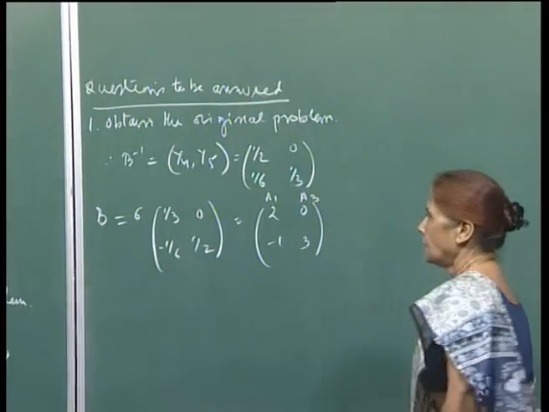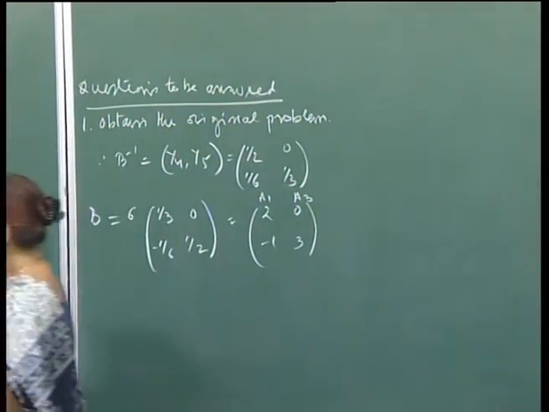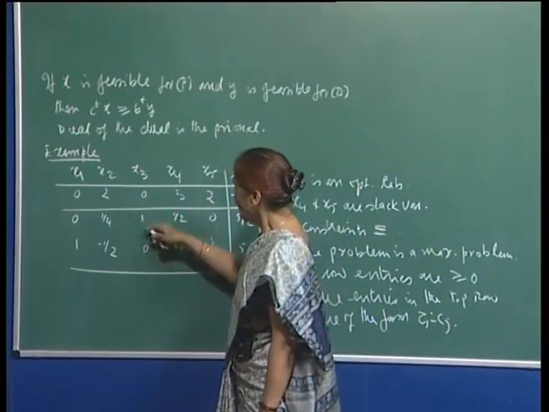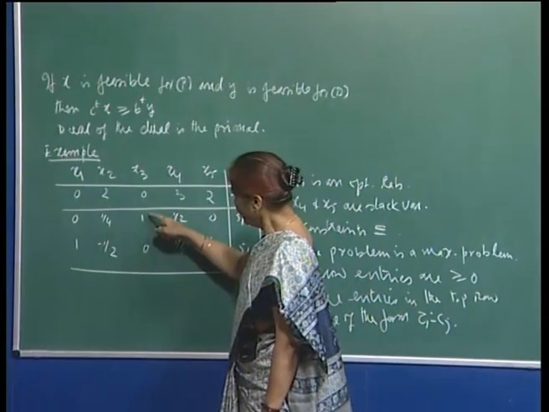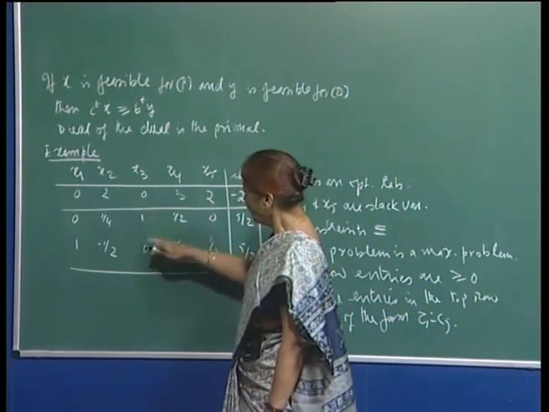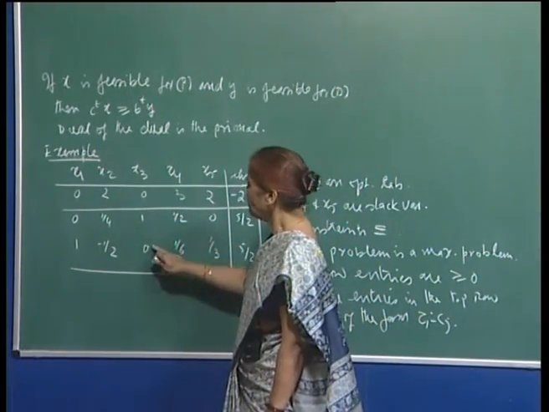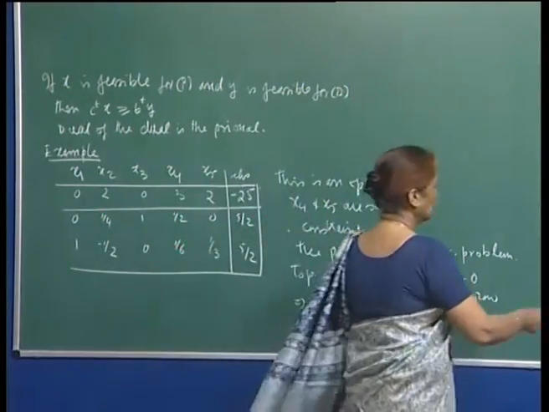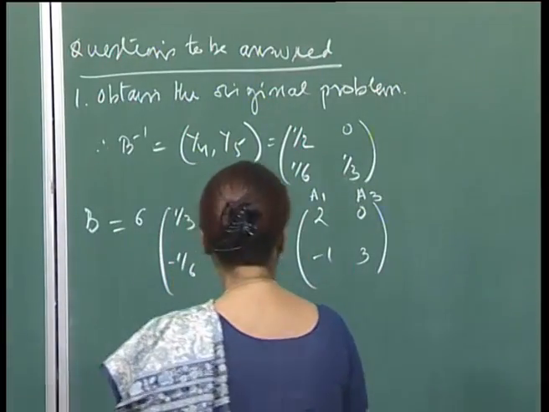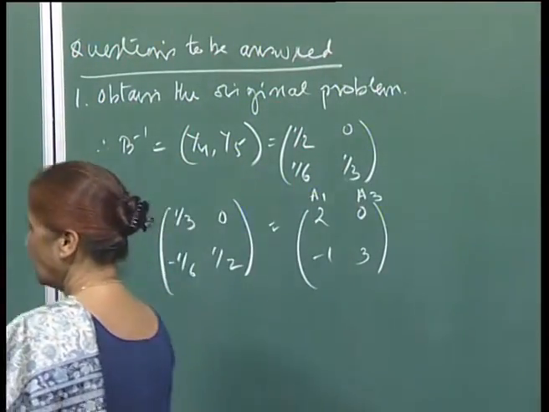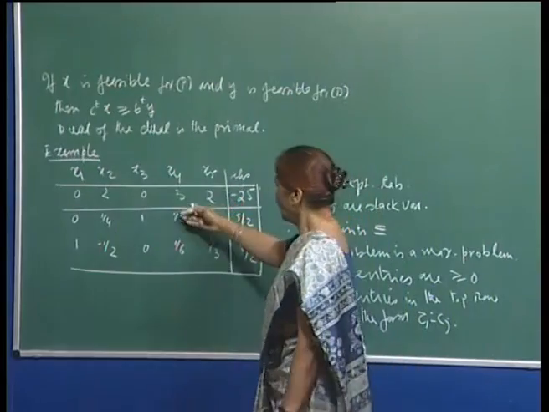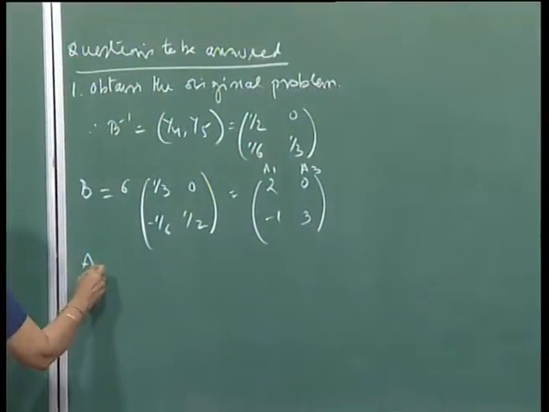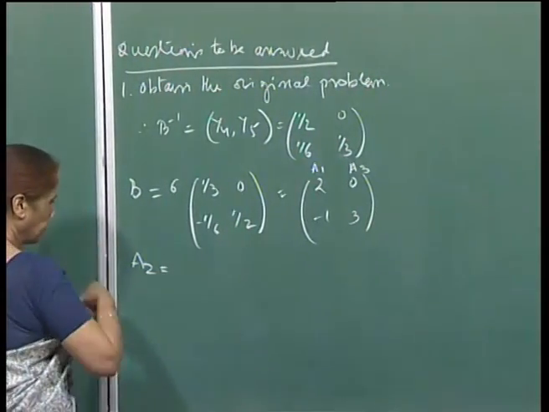Because these Zj minus Cj's are 0, these must be the basic variables, and since the basic column here, the y3, is 1, 0, this must be the first basic variable, and this must be the second basic variable x1. So, the columns here are A1 and A2. Now you need to compute A2, because A4, A5 you know are E1 and E2.